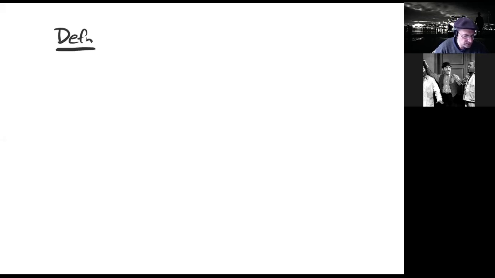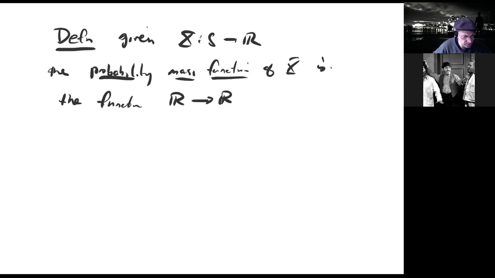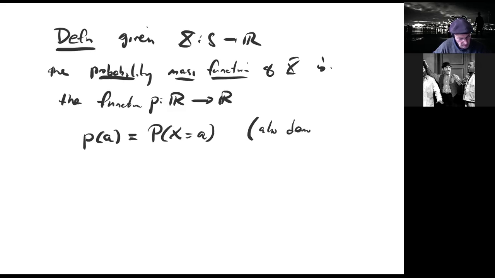We're given a random variable X. We define the probability mass function of X to be the function from R to R, sometimes called p, where p(A) is given by the probability that X equals A. It is sometimes denoted f sub X of A, which is p(A). So that's a function from the real numbers to the real numbers.